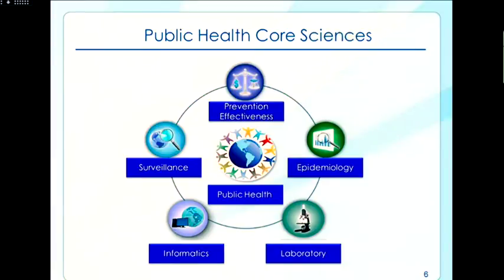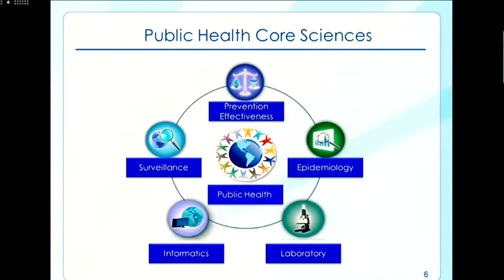Informatics deals with the methods of collecting, compiling, and effectively using electronic data to solve public health problems. Prevention effectiveness is closely linked to public health policy. Prevention effectiveness studies provide important economic information to decision makers and allow them to choose from among the options the best option possible. Public health is better able to respond by using all of the information these sciences can provide.